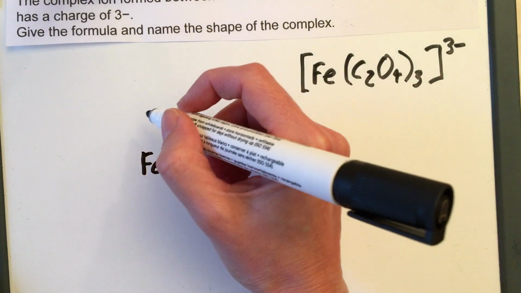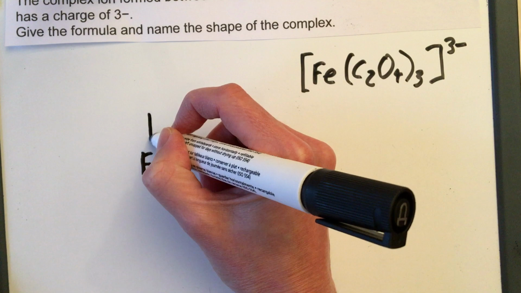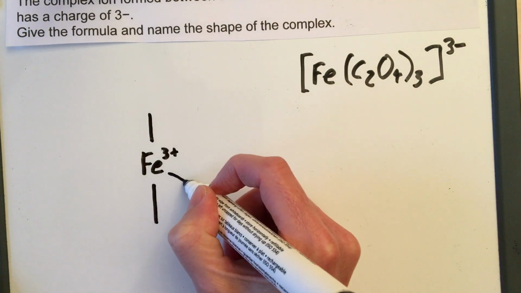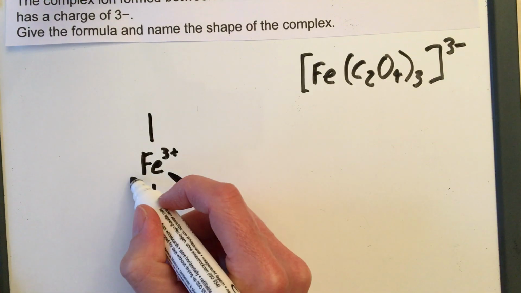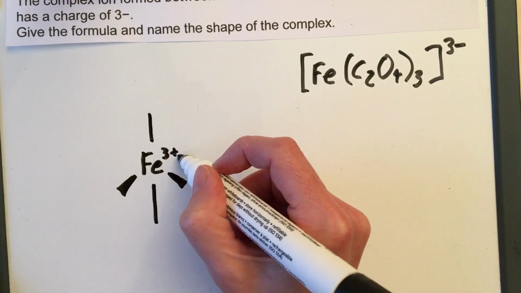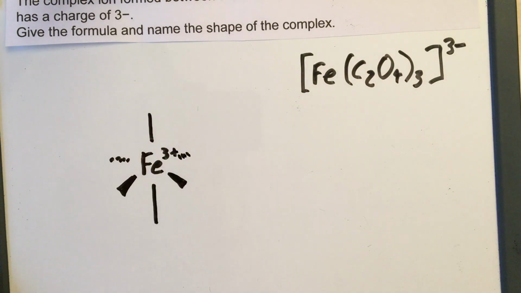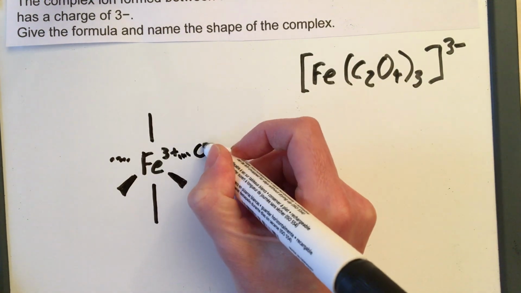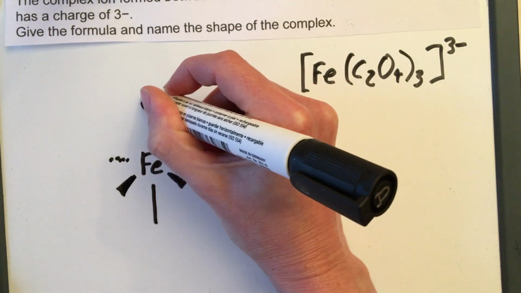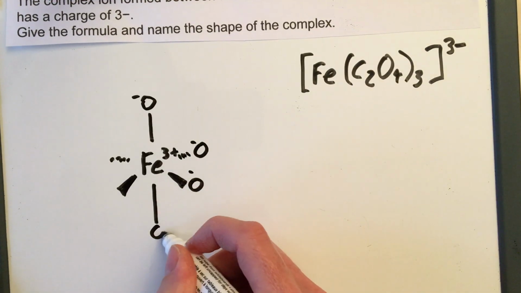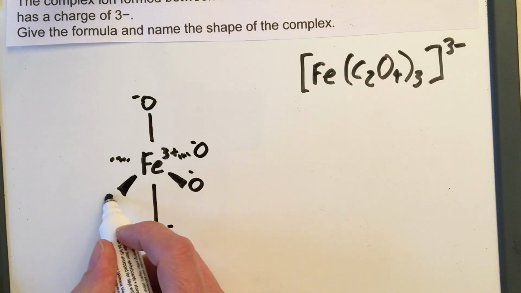Octahedral is 6, so we need to draw our 6 bonds. So 1 up and 1 down, 2 forwards and 2 backwards, like that. And then each of those bonds joins to one of the O- ions in the ethanedioate.